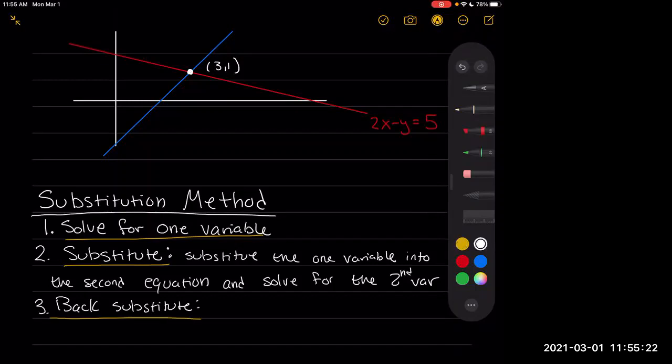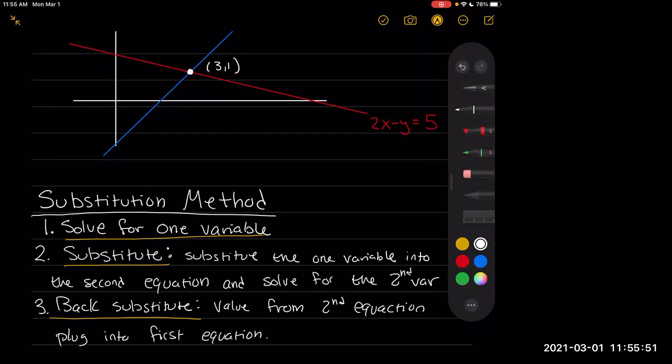So what this means is the value from the second equation that we solved for in step 2, we're going to plug that back in the first equation. So we're going to solve for that variable we isolated in the first step.